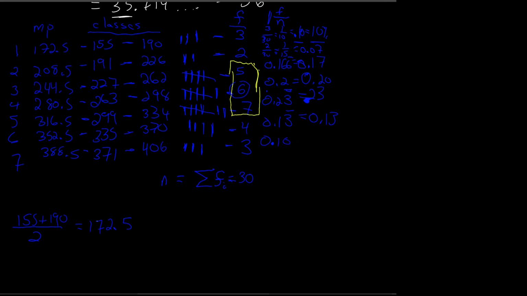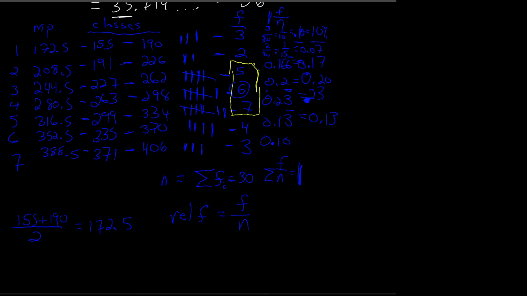And so I have this new thing, relative frequency. And so relative frequency, again, this will be an equation in the back of your book, is the frequency for the bin divided by the total number of things you have. Now, if you keep this in fractional form, if I had the 1/10, the 1/15, the 1/6, the 1/5, the 7/30, the 2/15, and the 1/10, and I add all those fractions back up, the sum of all the relative frequencies equals 1.